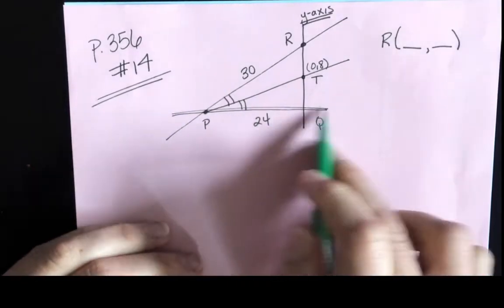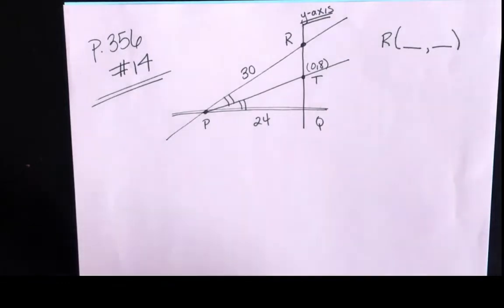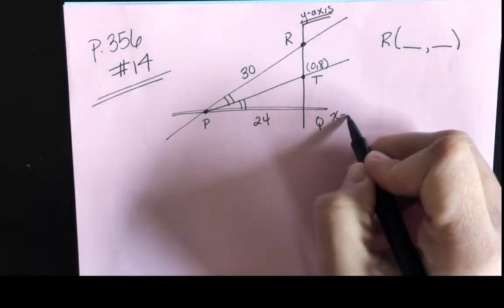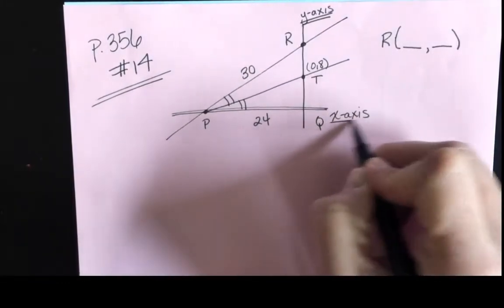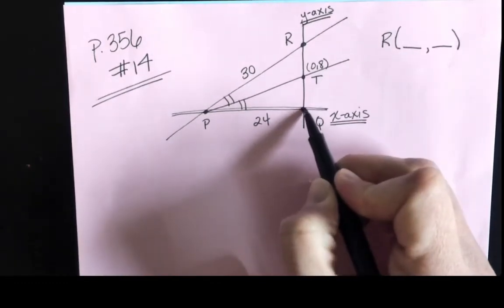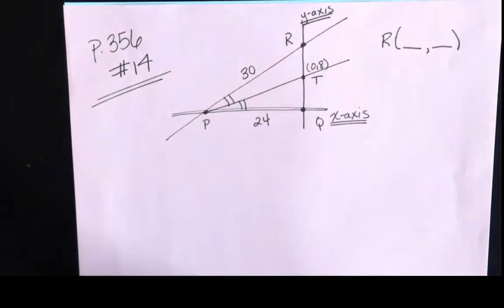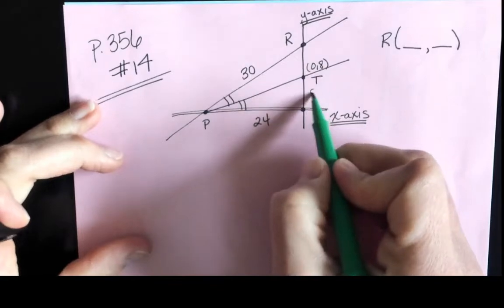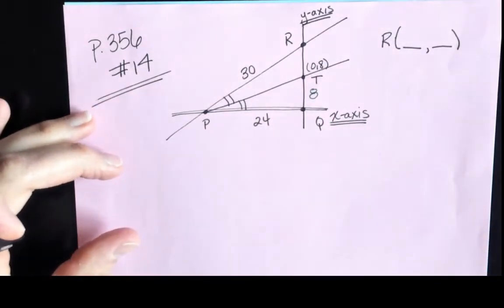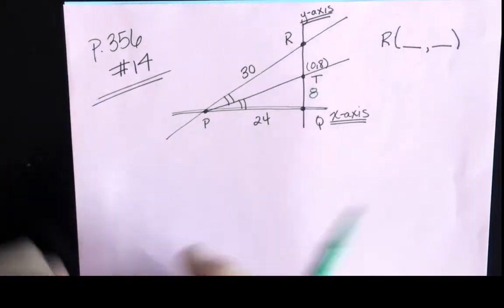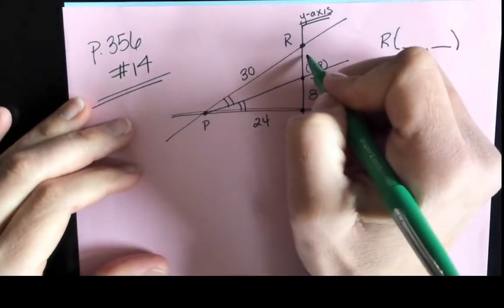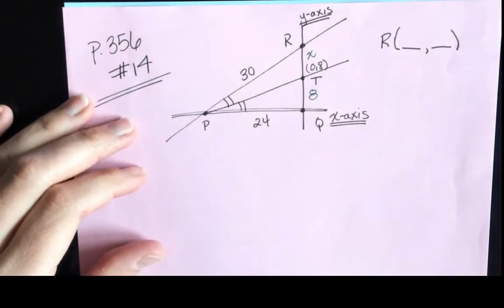Well, if this here was also our x-axis, that means that we are down at 0. So from 0 to 8, we already know that this has an increment of 8. So we're going to set up our ratios.